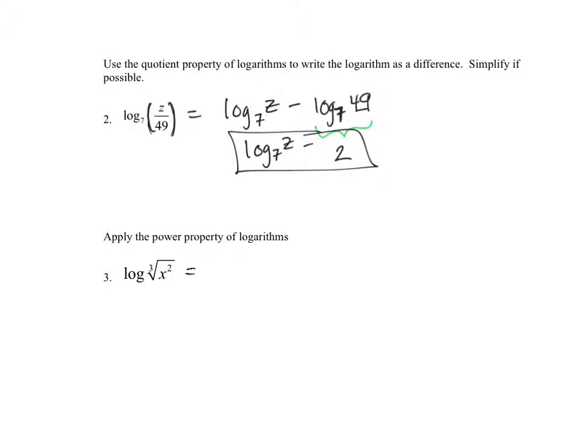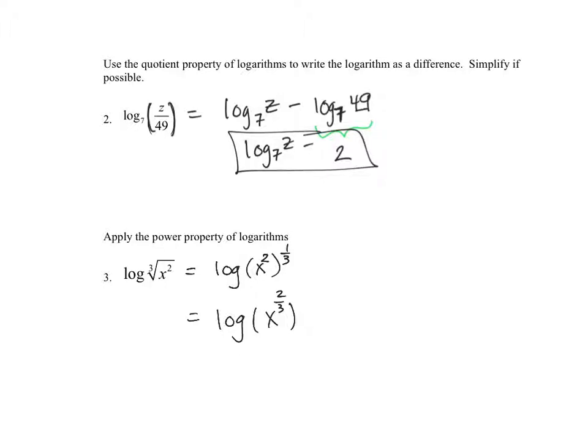I'm just going to rewrite that so that it would be one power. Cube root is the same thing as taking something to the 1/3 power. So that would simplify down to x to the 2/3. Okay, now I'm going to use my property of logs.